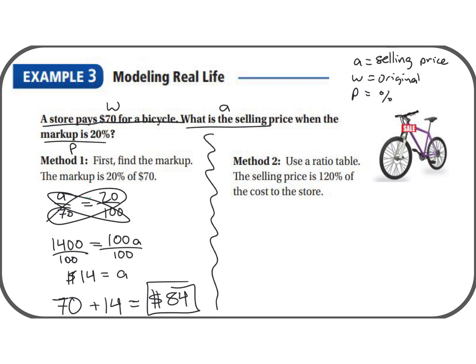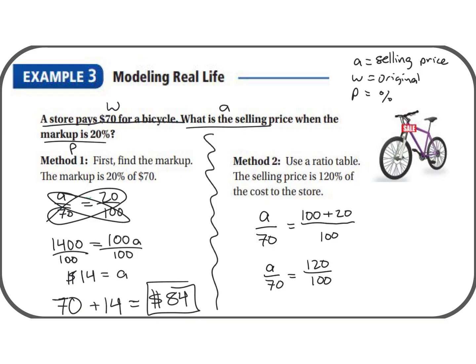Method 2 kind of looks the same. I'm going to have A over 70, except in discounts we did 100 minus the discount. In a markup, we're going to do 100 plus the markup percentage. So this time it's going to be 100 plus 20%. Okay, we should notice now that my numerator is greater than 100, which makes sense because I want my A value to be higher than where I started.